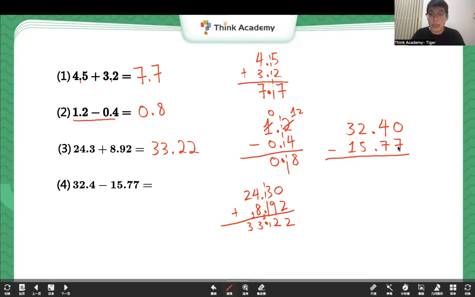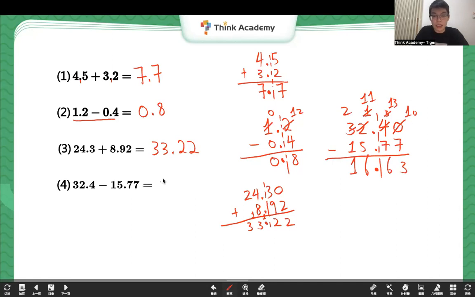So we take away 7 from 0, which means that I'm gonna borrow a digit. So just do the aligning, make sure that you have the decimal point all along. And 10 take away 7, that's gonna be 3. 3 take away 7, so I need another borrowing from the higher place. 13 take away 7, that's 6. 1, oh, so I need another borrowing again. 11 take away 5, that's 6 again. 2 take away 1, that's 1.